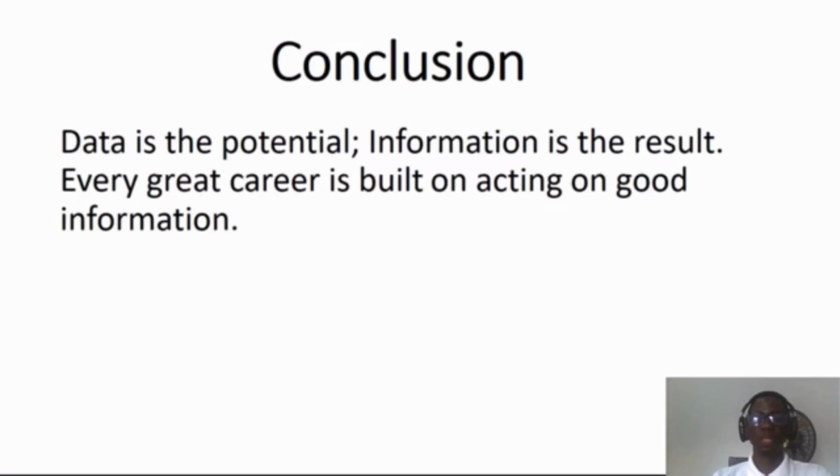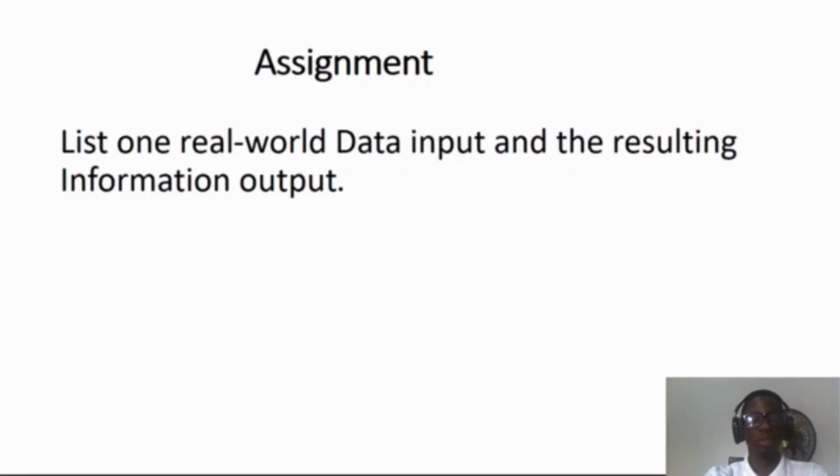Now, note we have an assignment which I want every one of us to attempt and try as much as possible to submit before the next class. Like I said, the format of our submission is either you type it on a computer and save it as a document or as a PDF, then use the link provided to submit it, or you can write it down on a note, maybe on your paper or your book.